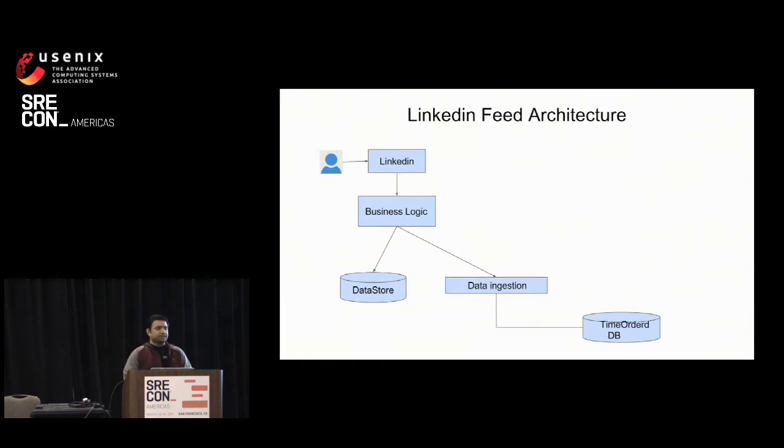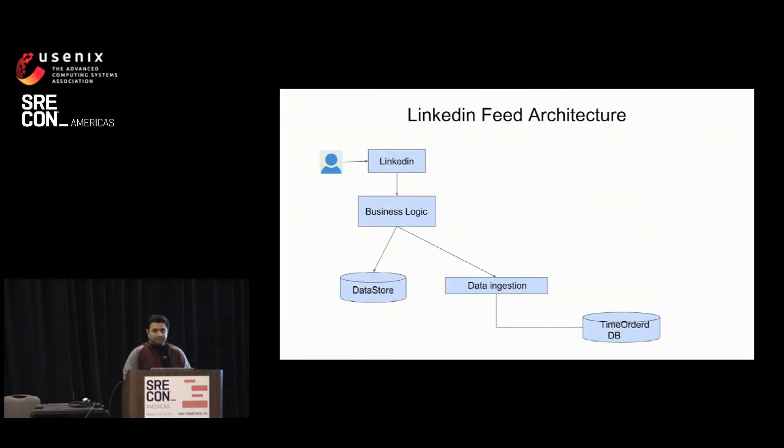Whenever a LinkedIn member makes a comment, like, or any update, we write to the data source and ingest that data into the Kafka stream. The data ingestion is done asynchronously through Kafka, and all the timeline data is present in our feed Kafka stream, which streams all the content on LinkedIn.